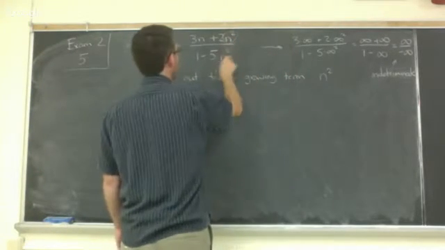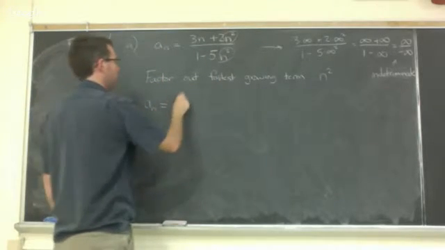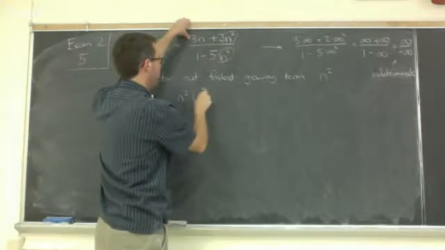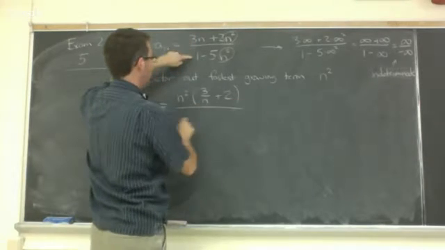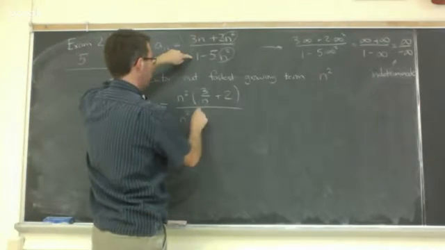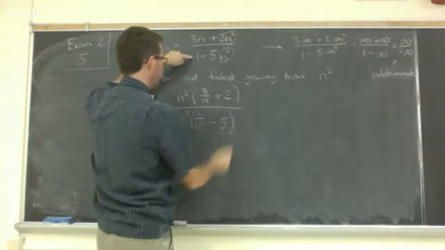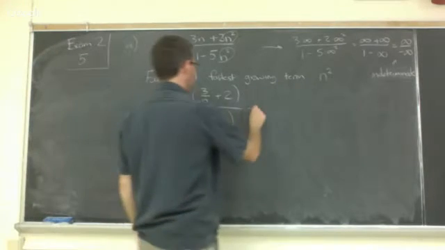We're going to factor that out and rewrite a_n as n squared times, there are 2 terms, so it's 3 over n plus 2. On the bottom, I factor out n squared from the 2 terms. I get 1 over n squared minus 5. The n squares cancel.